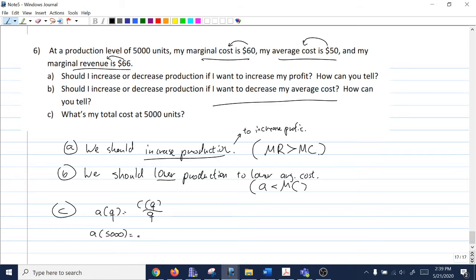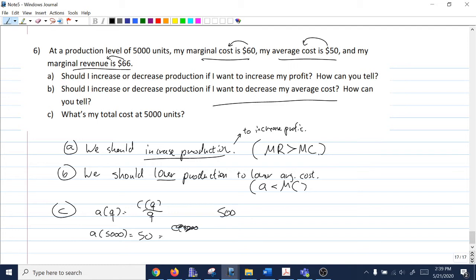my average cost is 50, tells me that the total cost of making 5,000 units, like I'm paying $50 per item on average, and I made 5,000 of them.